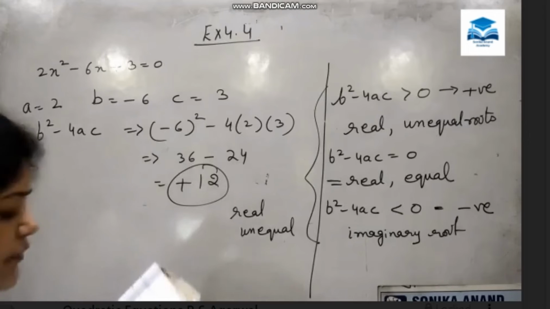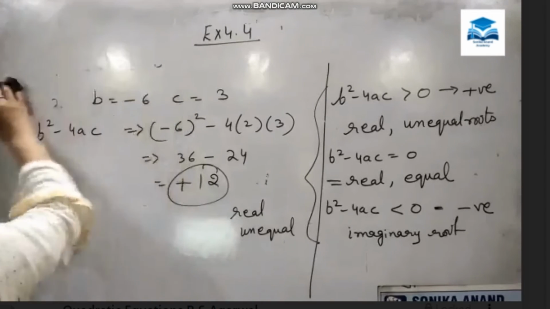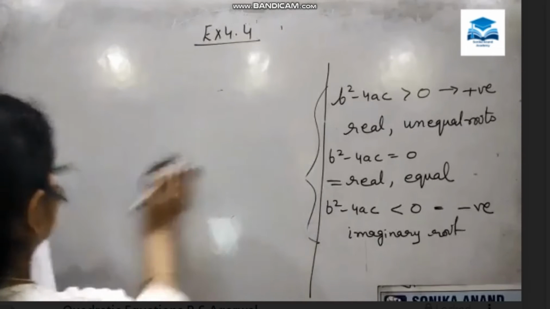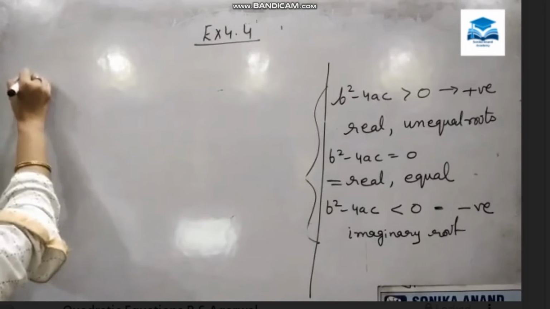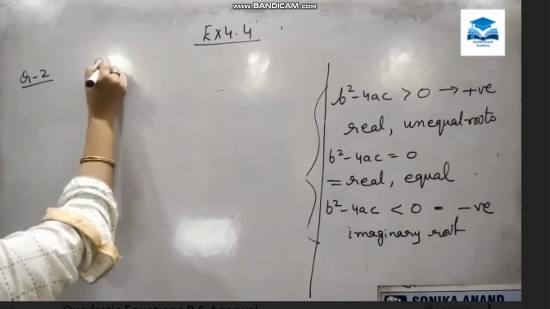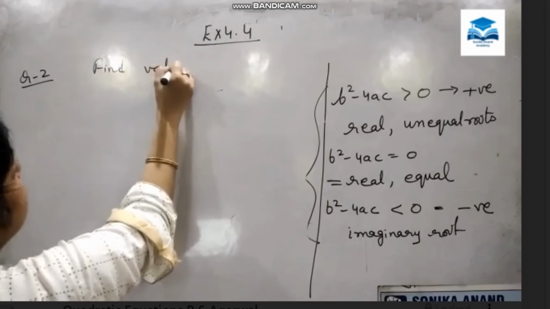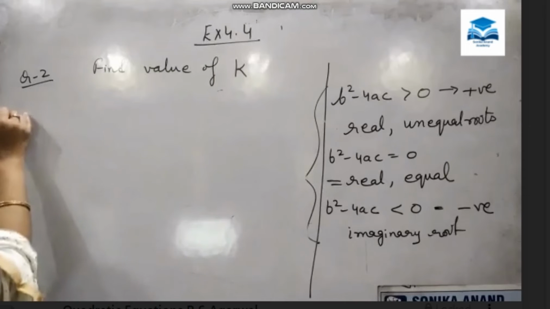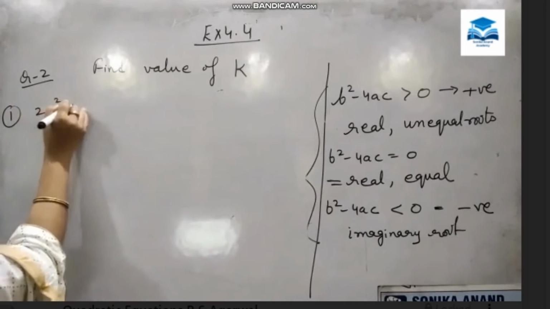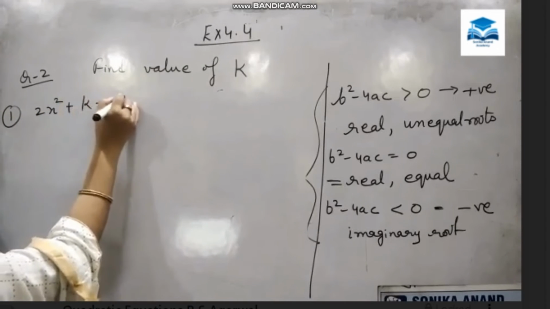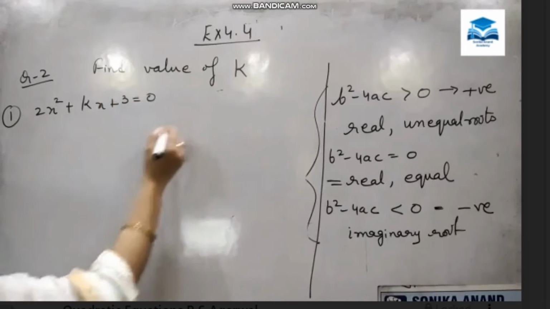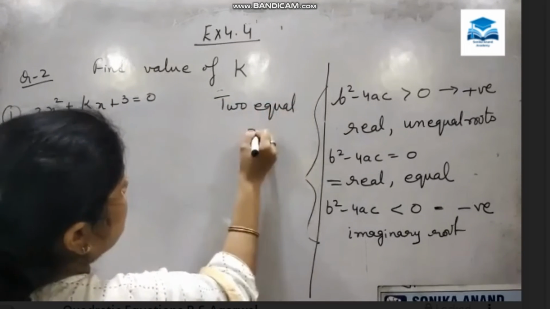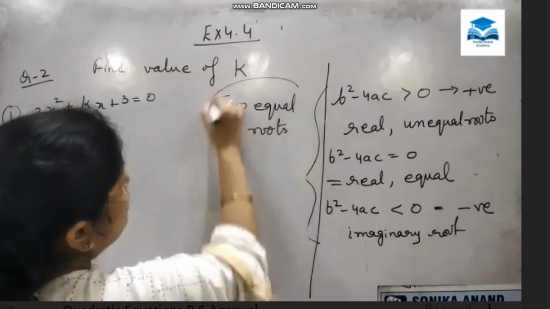Now question number 2 of this exercise 4.4. This is all the question number 1. Now question number 2, we have to find the value of k. Question number 1 we have 2x square plus kx plus 3 and it is given that they have two equal roots.